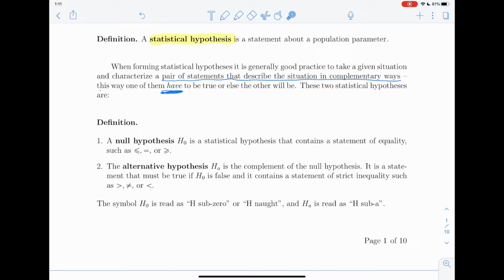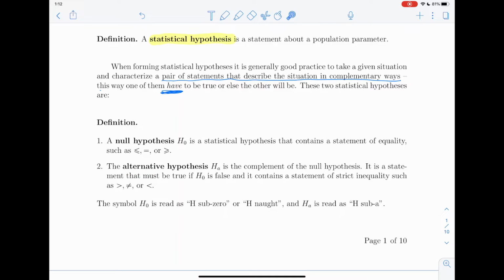The word null generally gets reserved for the statement that nothing interesting happened after you changed it. That is null. Whereas the alternative hypothesis says, what's the other option to nothing interesting happening? The alternative is that something happens. So that's the reason these names are used.